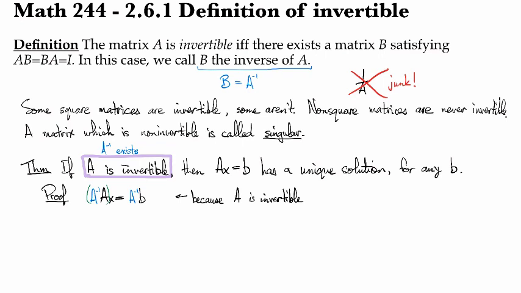So we can do the ones in the green parentheses first. And then we know that A inverse times A gives you the identity. And I'll just recopy the right side of the equation. We know that A inverse times A gives you the identity because that's what this says here: A times A inverse equals A inverse times A equals the identity. That's a reiteration of this using the symbol for B as A to the minus 1.